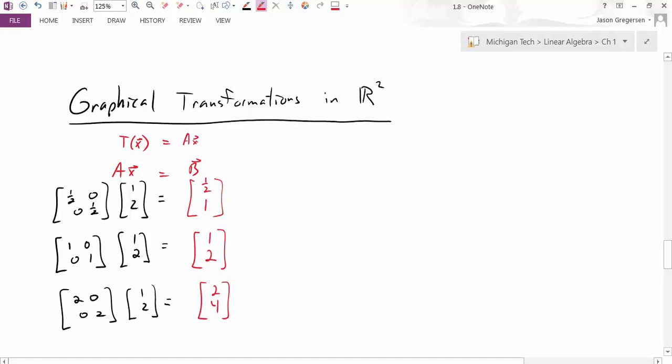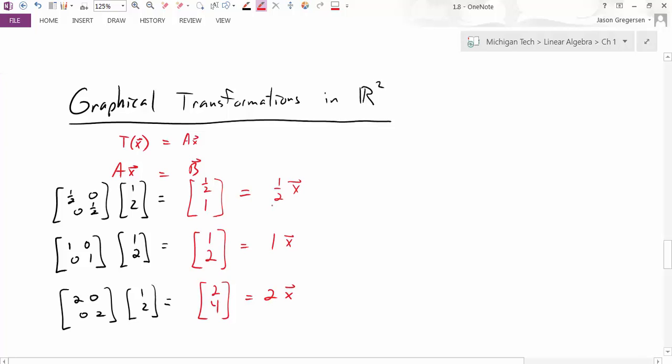Where is it being mapped to? In the first case, 1, 2 is getting mapped to 1/2, 1, which really just looks like 1/2 of my x vector. In the second case, I just have 1 times my x vector, or just x. In the last case, it looks like this is just 2 times my x vector.